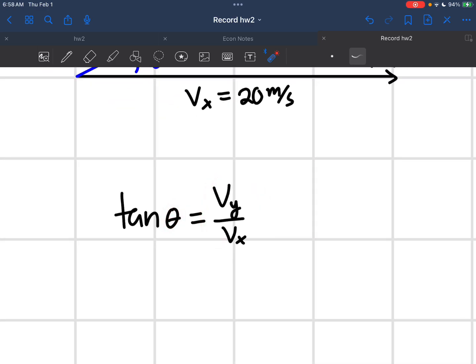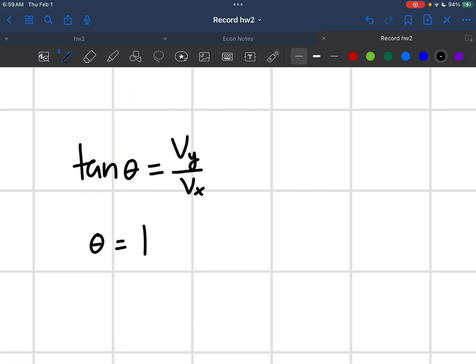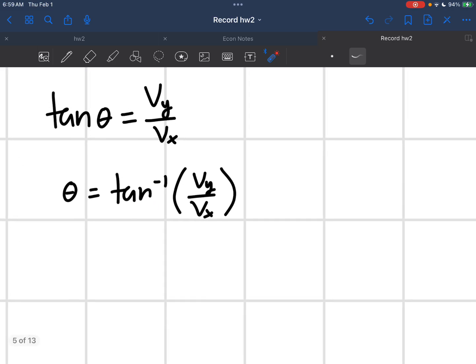So what I'm going to do is take the tan inverse, or the arctan, of both sides, because what that does is it undoes my tangent, leaves me with theta equals tan inverse of Vy over Vx. So you might see it like this on your calculator. You might also have seen it in math class if you said arctan, right?